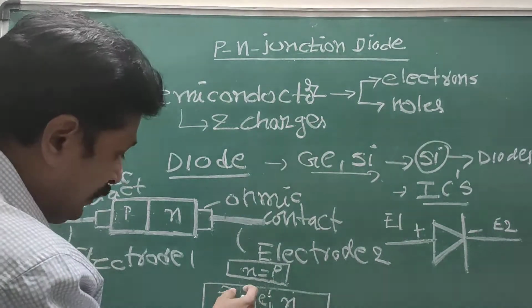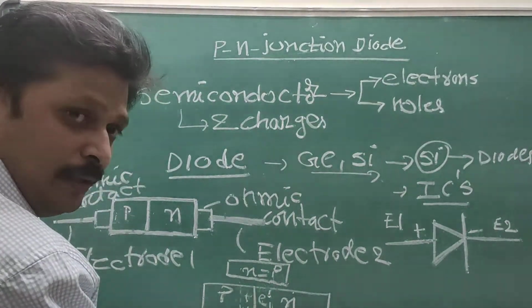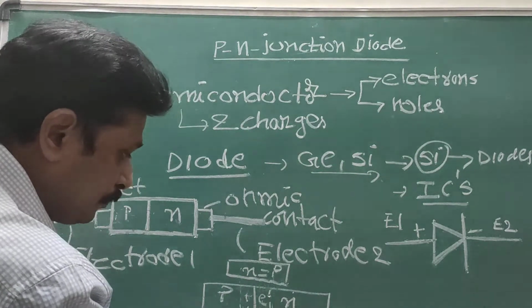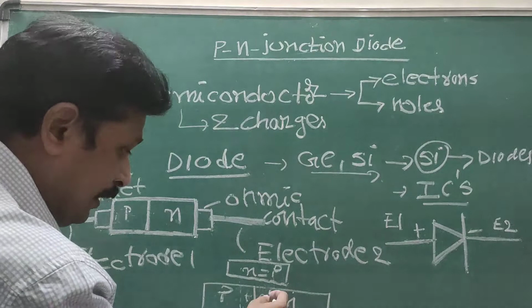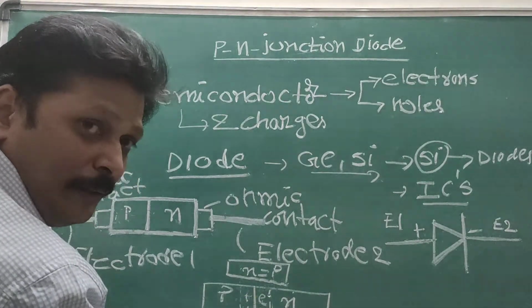The charges which are formed nearer to the junction on the P end, similarly, the charges which are formed on the opposite side of the junction, they are the electrons. These exist at room temperature.